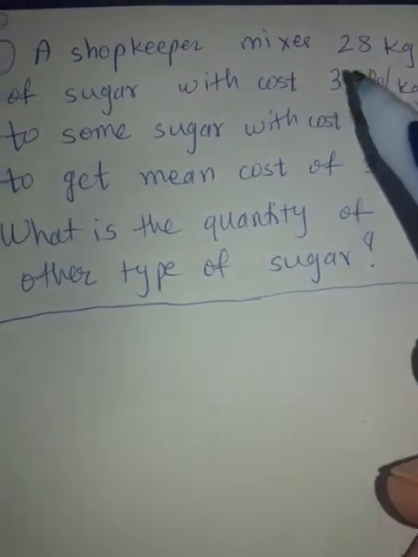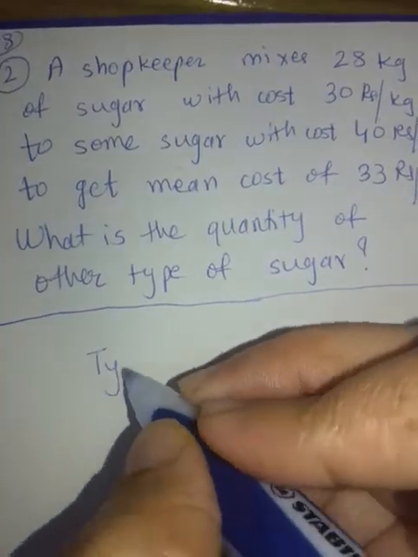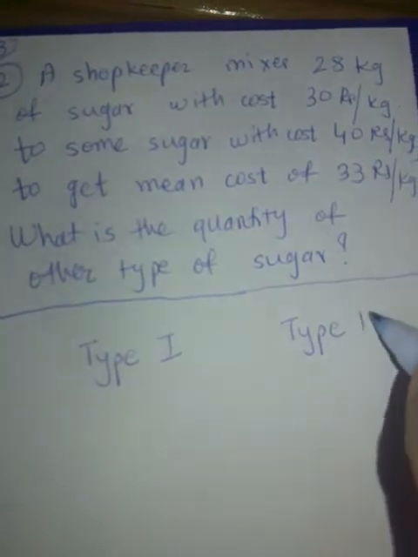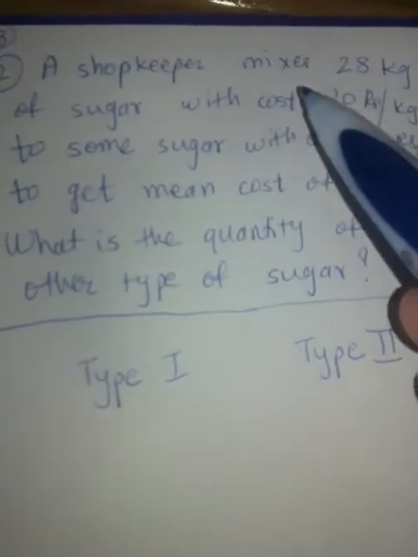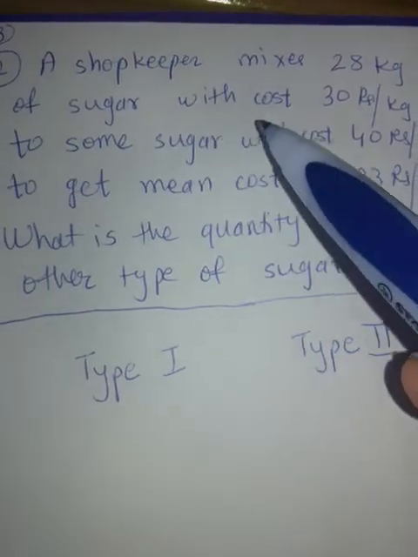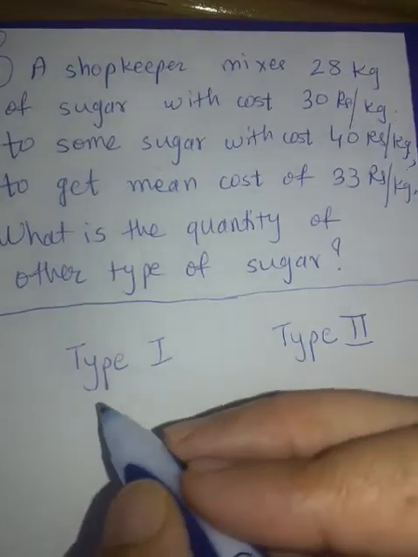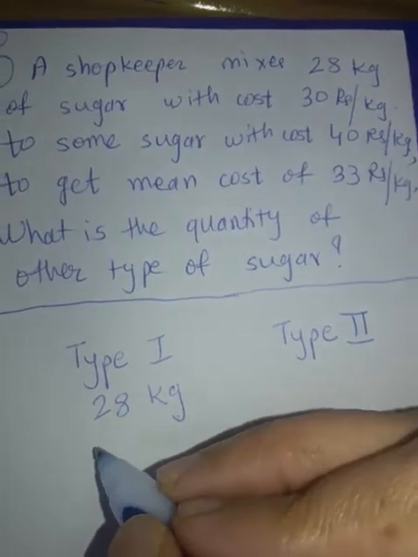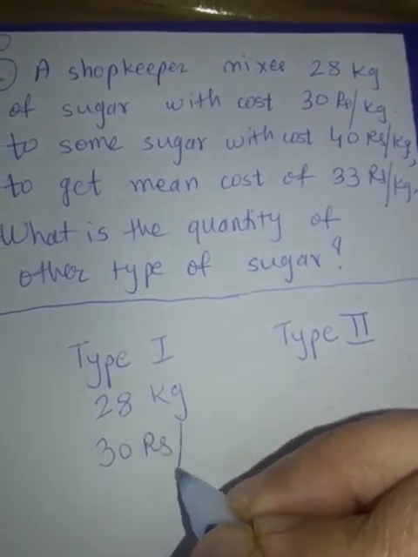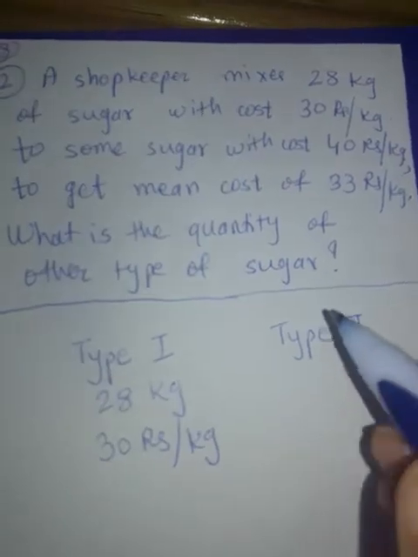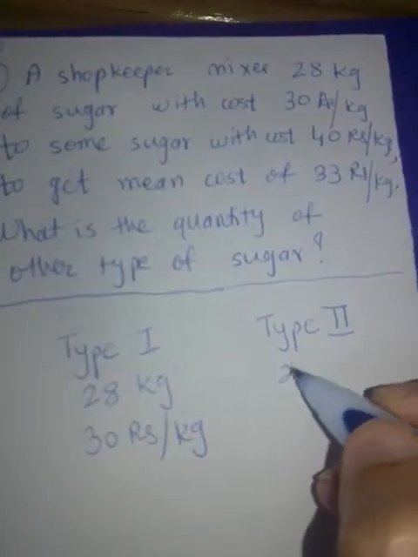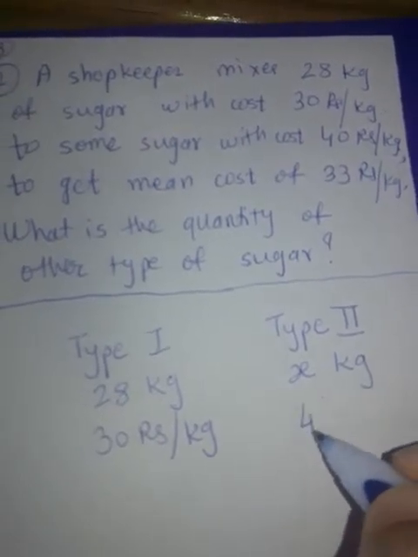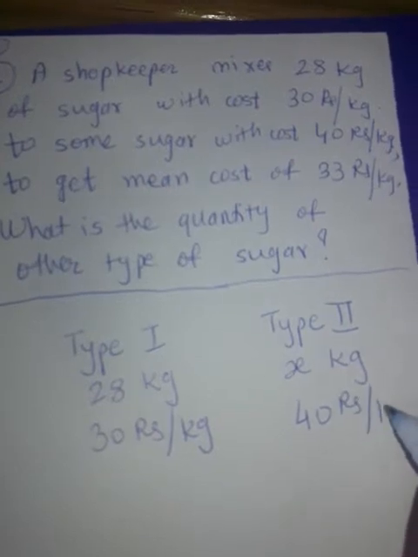Now there are two types of sugar. I'm going to call them type 1 and type 2. 28 kgs of sugar of cost 30, so this is 28 kg and cost is 30 rupees per kg. This is some sugar, so right now I'm writing here x, and its cost is 40 rupees per kg.